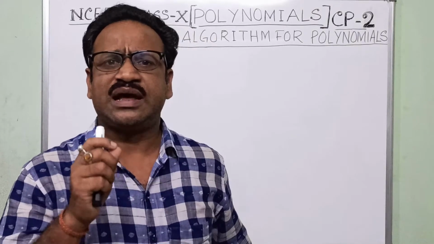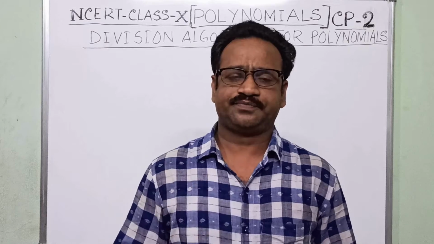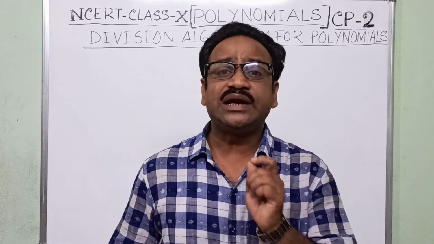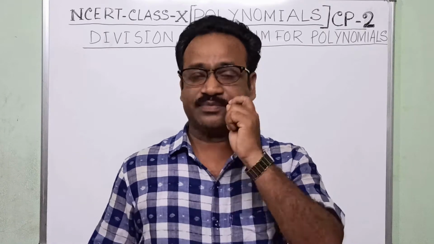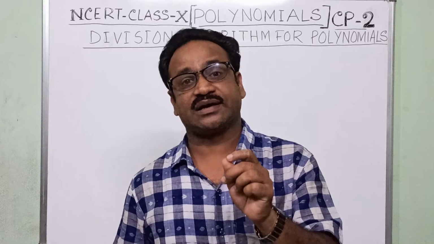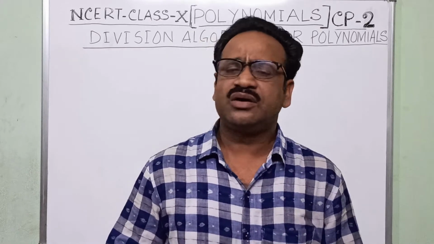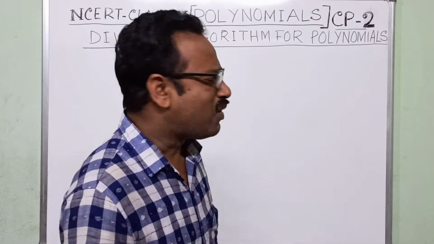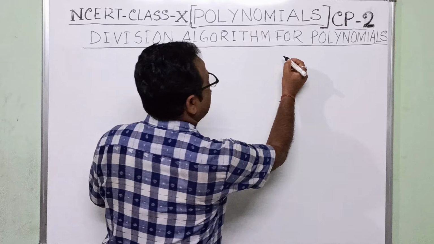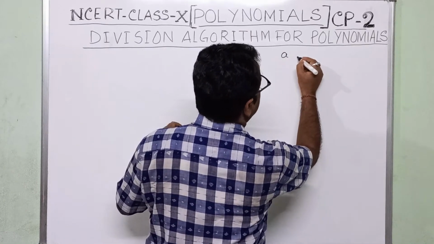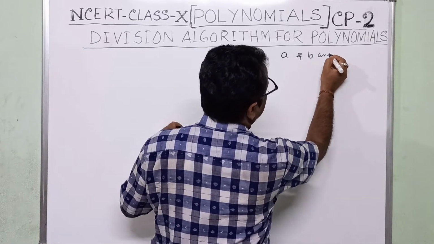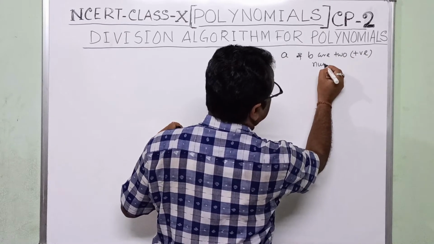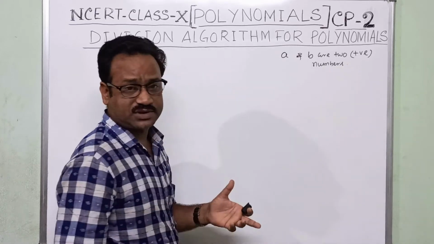So division algorithm. Now I am recalling that in chapter 1 you have already learnt about Euclid's division algorithm. There also division was there. So let us start from Euclid's division algorithm. What did Euclid tell us? A and b are two positive integers.